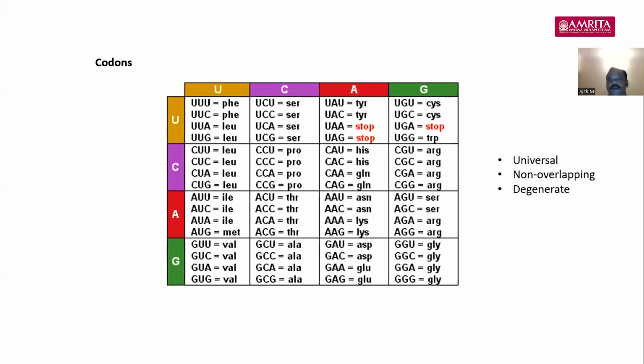So people, even before understanding how the information is stored, understood that it should be a nucleotide of 3 that codes for it, because 4 into 4 into 4, because you have 4 nucleotides, 4 into 4 into 4 is 64, which is higher than 20 amino acids.